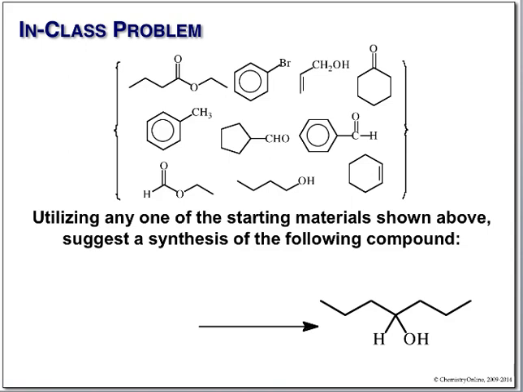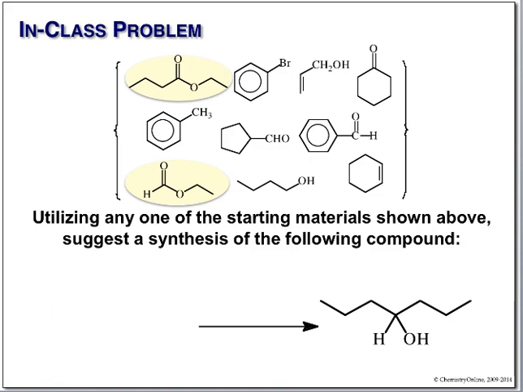Okay. Let's not panic. How else could we make a secondary alcohol? Well, let's look at our potential candidates up here. If we take an ester and we add a Grignard to it, as we just saw, we can add 2 moles of our Grignard reagent and make an alcohol.